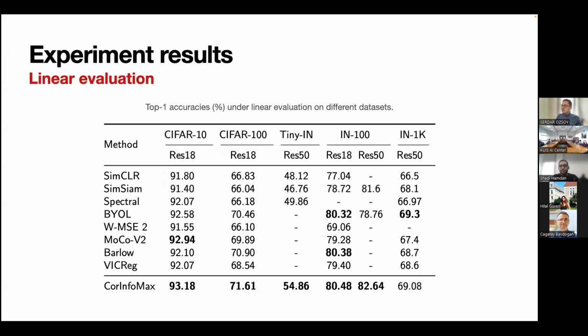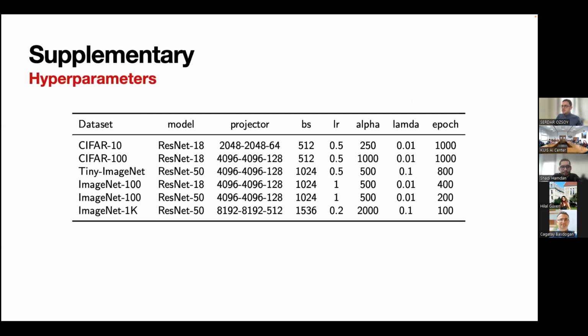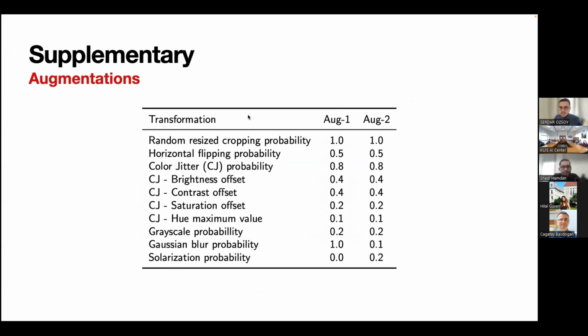For the augmentation part, it's in the supplementary material, to not make the presentation so crowded. It's actually somewhat standardized in self-supervised learning. For example, these parameters and transformations are also used in BYOL and Barlow Twins. It's the same as these methods.